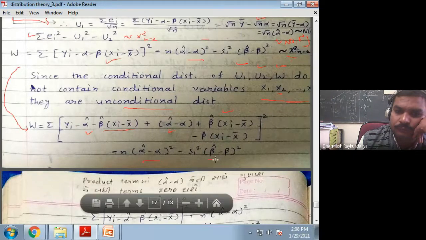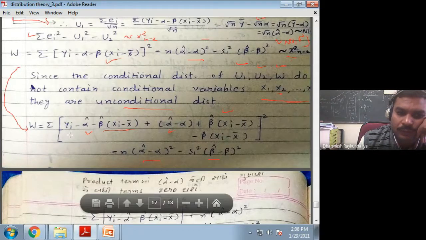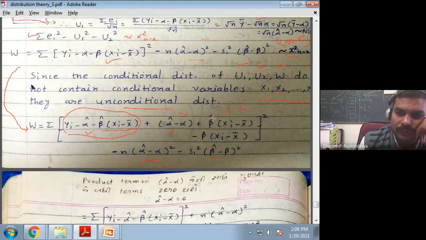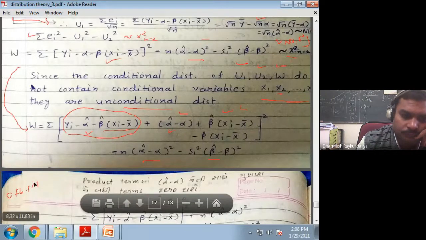So I can do that. Now what happened? This is the one term, this is the second term, and this is the third term. So it is a kind of a form a plus b plus c whole square.